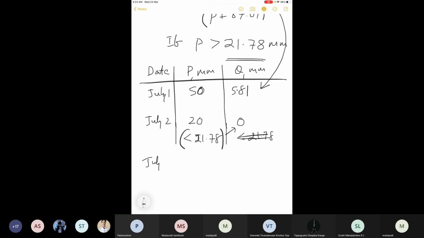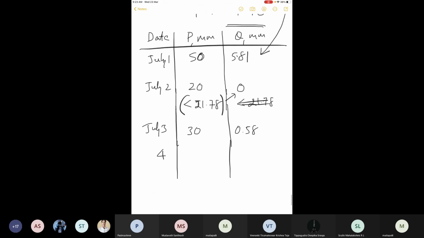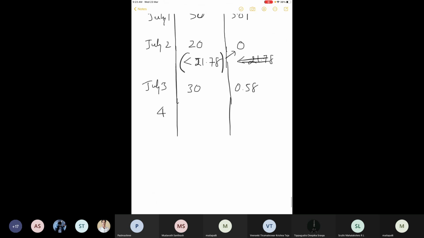Now July 3, the precipitation is 30. Since it is more than 21.78, there is a direct runoff of 0.58 mm. For July 4th, let's say this is given as 18.